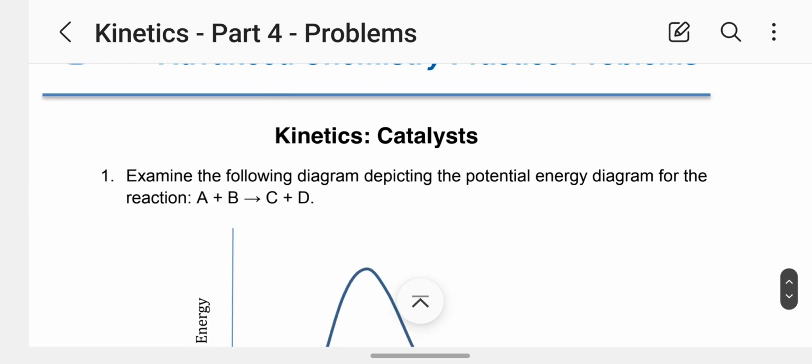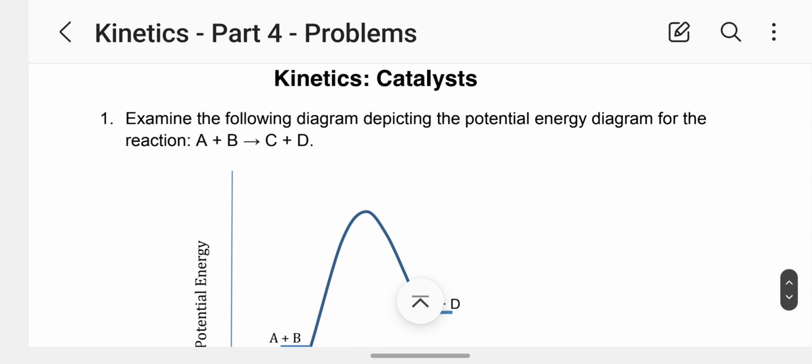So, advanced chemistry practice problems. We have kinetic catalyst. Examine the following diagram depicting the potential energy diagram for the reaction.